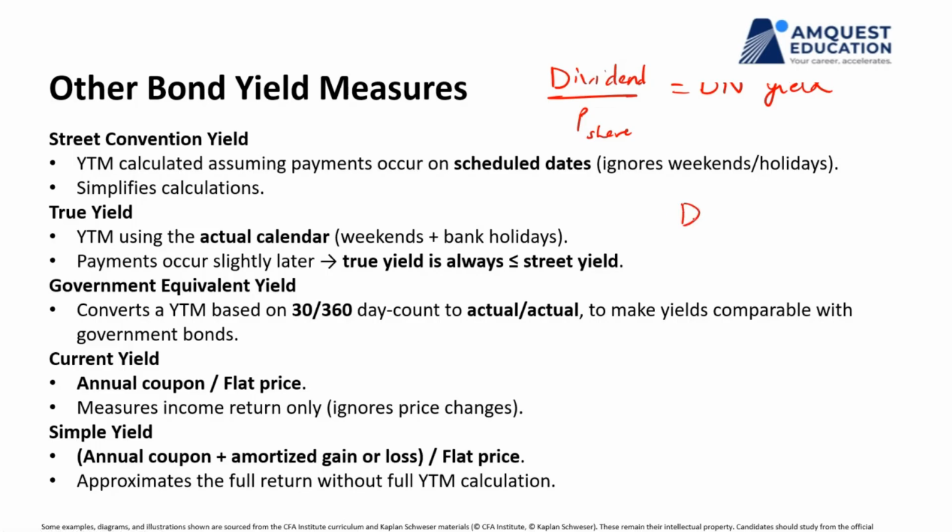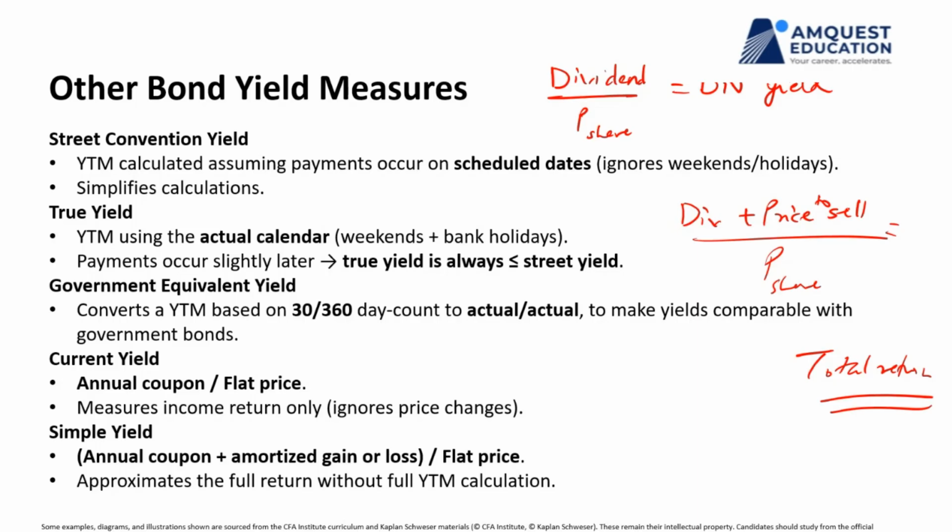But if I say dividend plus the price at which you sell, divided by the price per share, this is your total return, which includes dividends plus the price at which you sell minus the price at which you buy. Your capital gain also gets included in the total return. So simple yield is sort of total return, and current yield is a type of yield like dividend yield, or only the income return.